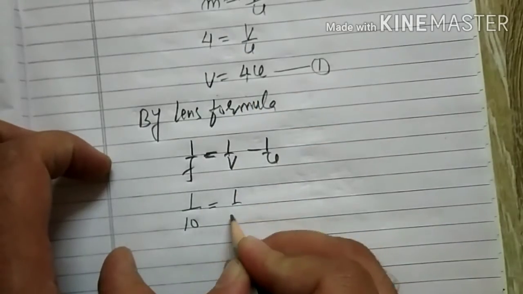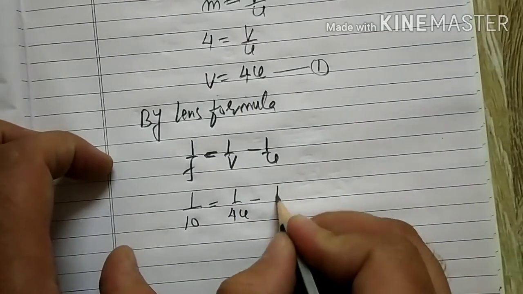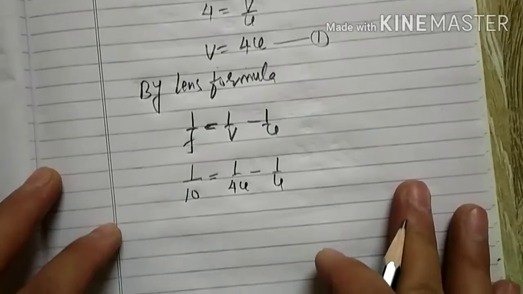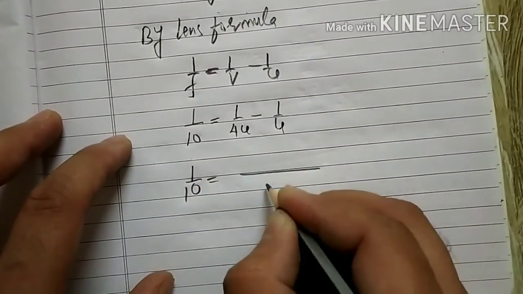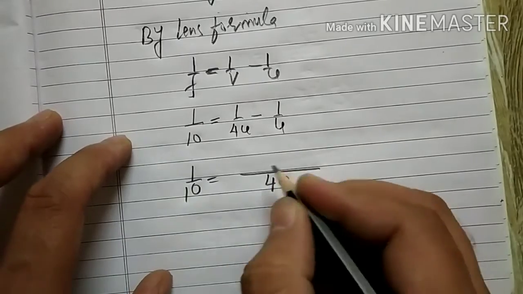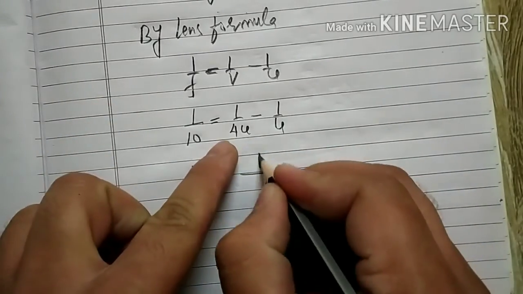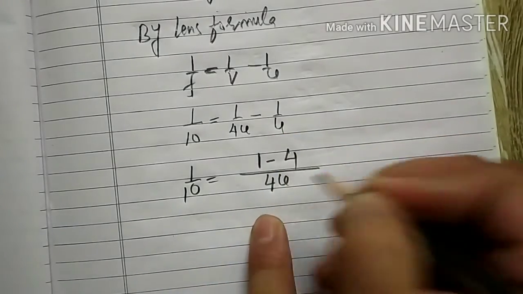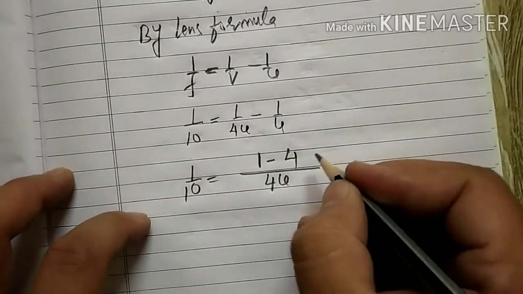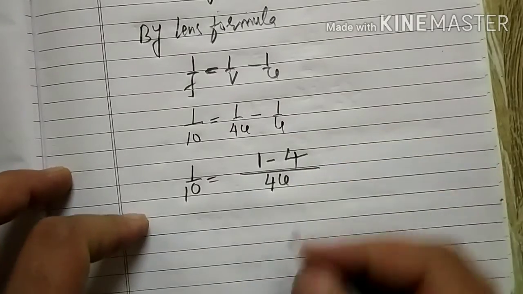So I will write here 1 by 4u minus 1 by u. So the LCM of this equation will be 4u. 4u divided by 4u, so 1 will come, and 4u divided by u, so what will come? Only 4. Understanding? u cancels by u.